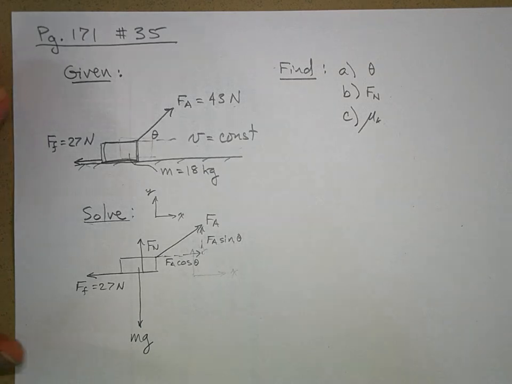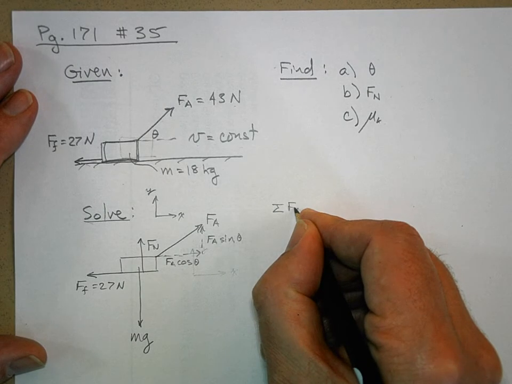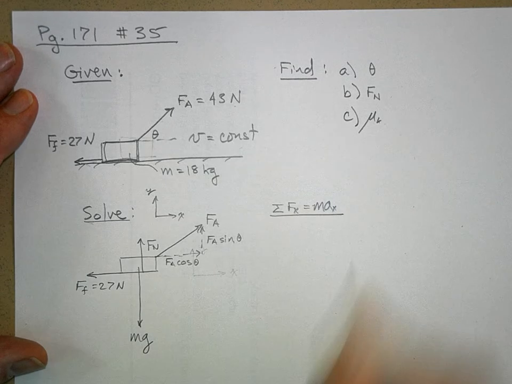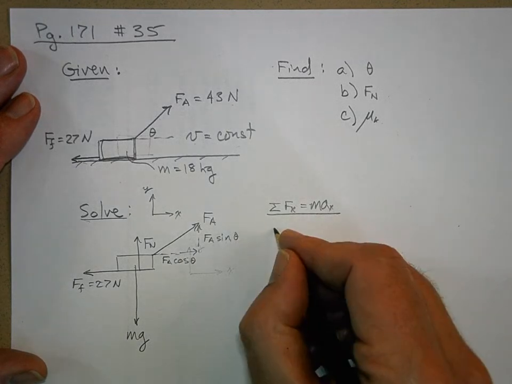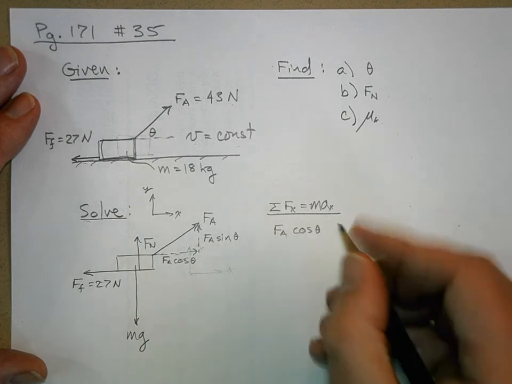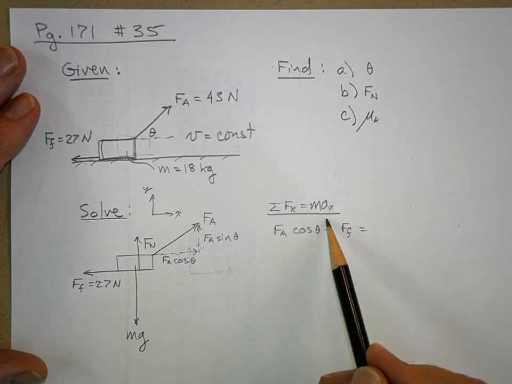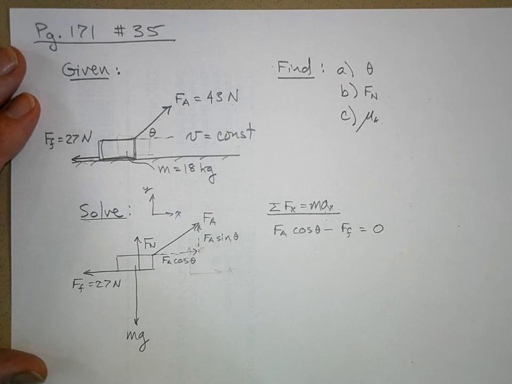So let's go on to step 4. If I sum the forces in the x direction first, equals m a in the x direction. And look at the forces. There's only 2 forces in the x direction. That is FA cosine theta minus the force of friction equals, and they tell us that the acceleration is 0. So that's 0 right there.